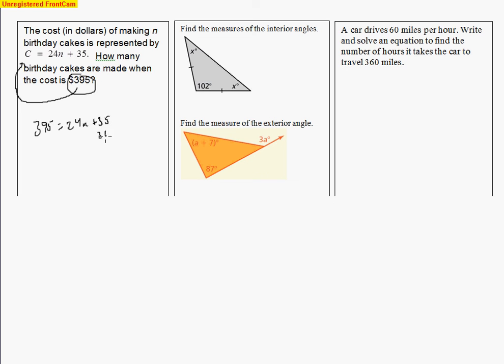So we're just going to do some opposite operations here. Subtract 35 from both sides, and I'm left with 360 equals 24N, and then we'll just do that division. Dividing by 24 on both sides leaves me with 15. So it looks like 15 birthday cakes.